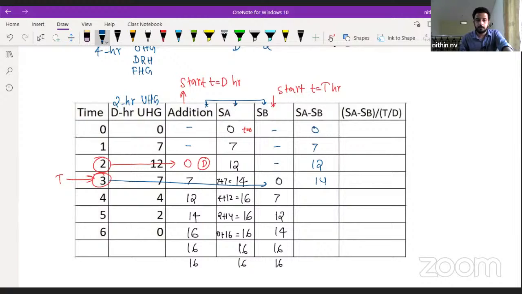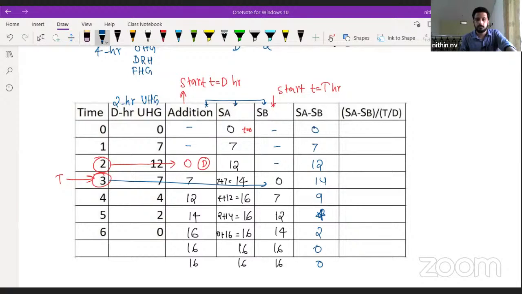Yes, very good. So here we will be getting 9 and 2. Sorry, here we'll be getting 4. Are you getting the same answer? Yes, very good. So SA minus SB will be 0, 7, 12, 14 and so on.